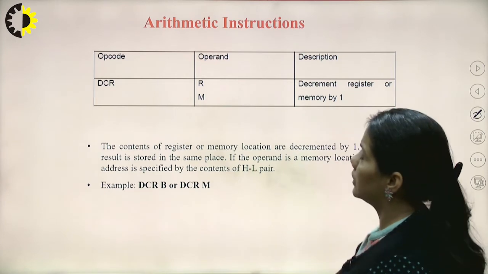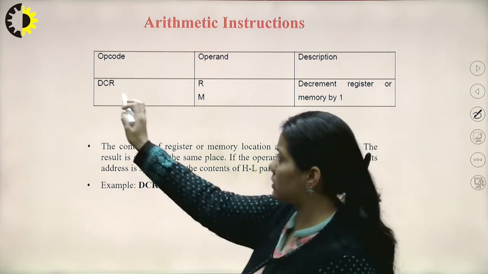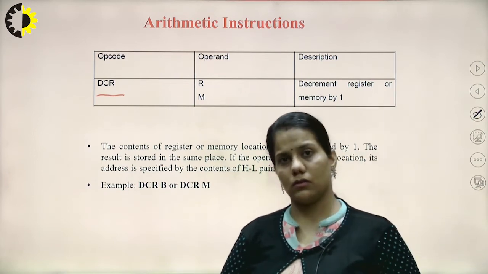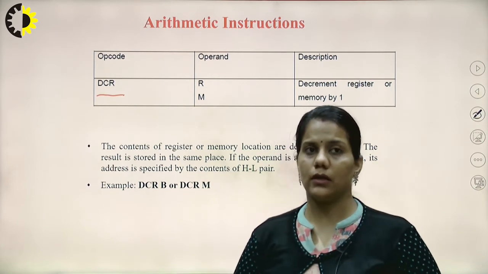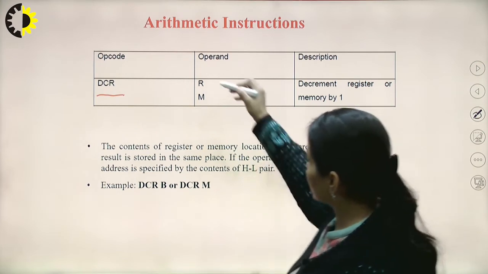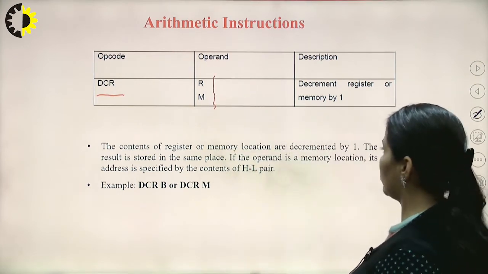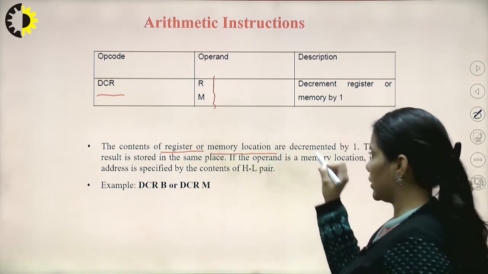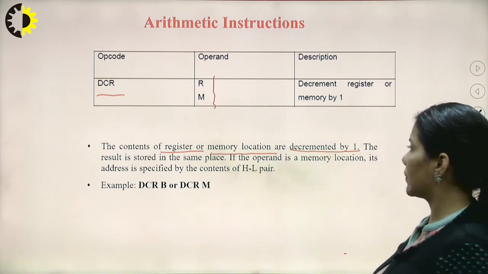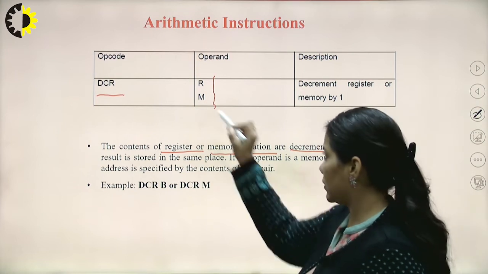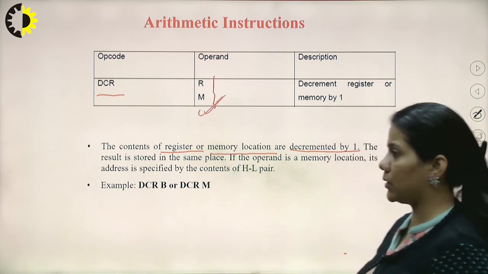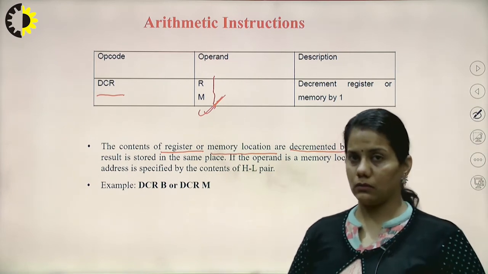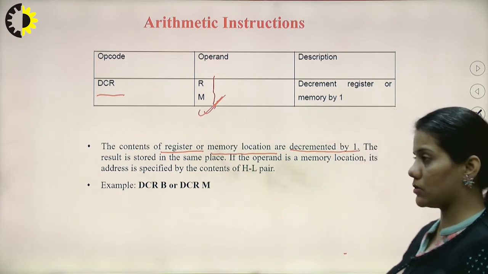Next instruction is the DCR. Similar to the increment operation, there is its counterpart, the decrement operation, which is performed on the register or the memory location. The contents of the register or the memory location are decremented by 1. If the operand is the memory location, then its address is specified by the contents of the HL pair.